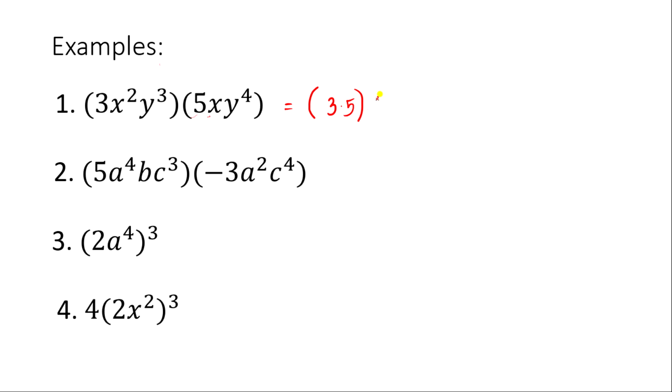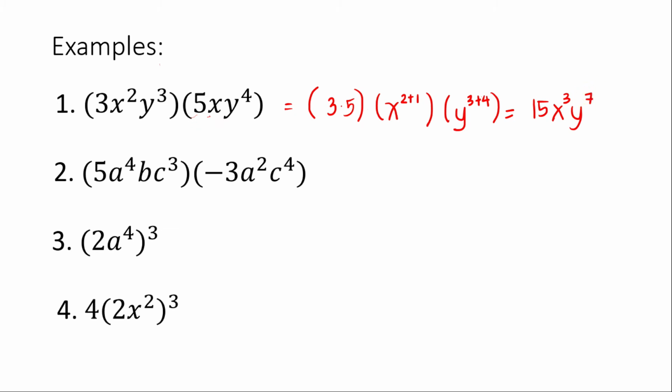So, ang variable x natin will have the exponents 2 plus 1. And then for y, the variable y will have the exponents 3 plus 4. So, our final answer will be 15 x cubed y to the 7th power.